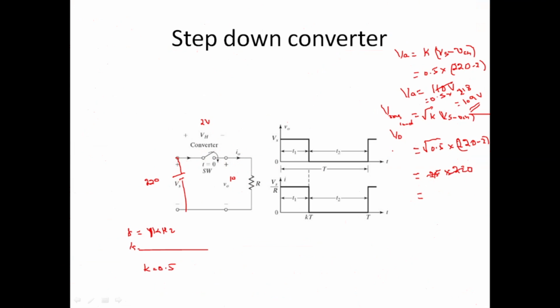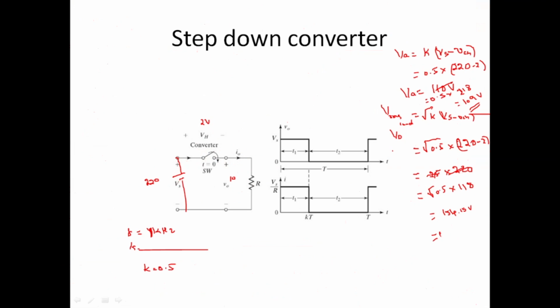Then we write root of 0.5 into 218. If you calculate this, the value is 154.15 volts.